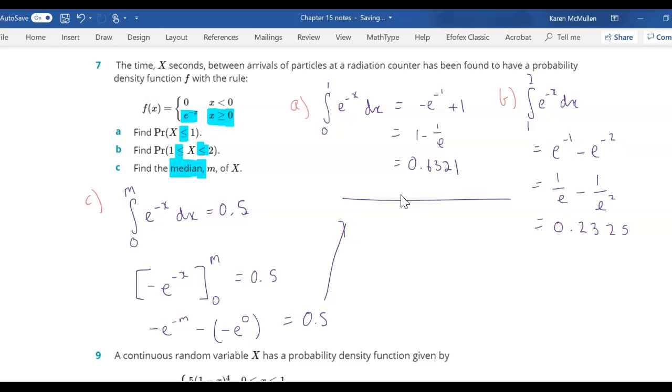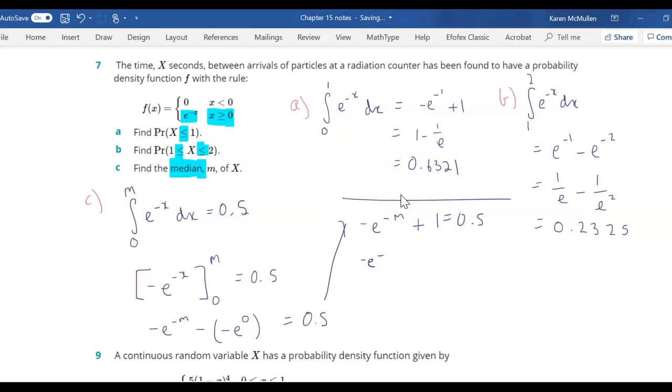All right, so we're going to have e to the negative m. So negative, oh, let's just leave it as negative. All right, and then minus negative e to the power of 0 is, sorry, e to the power of 0 is 1. 1 minus negative 1 is plus 1, equals 0.5.